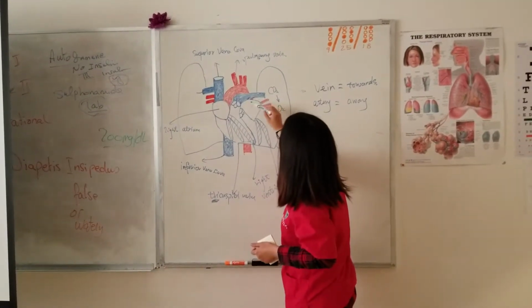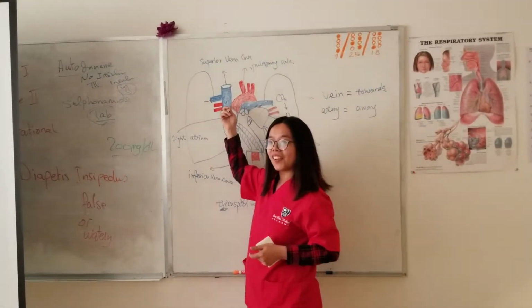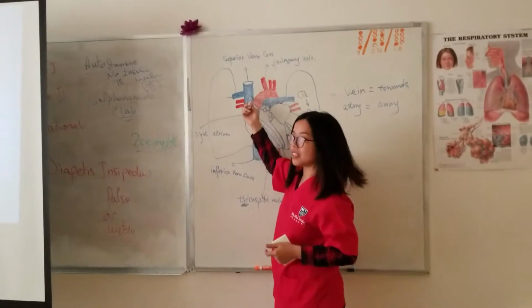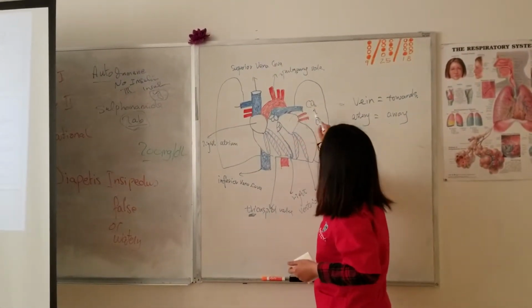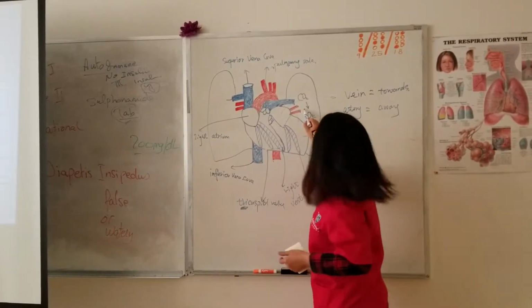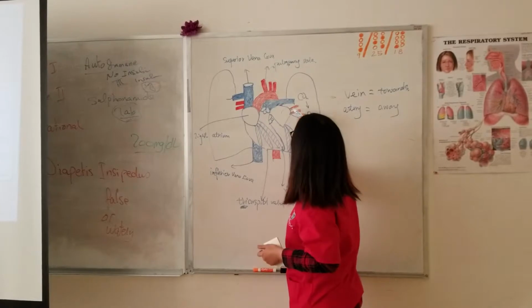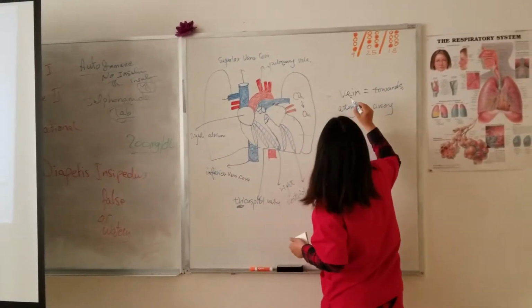Do you know why the color is blue here? Because there's not too much oxygen, right? But after it goes back to the heart, there's some oxygen, so the color is red now. Then the blood goes back to the left atrium.